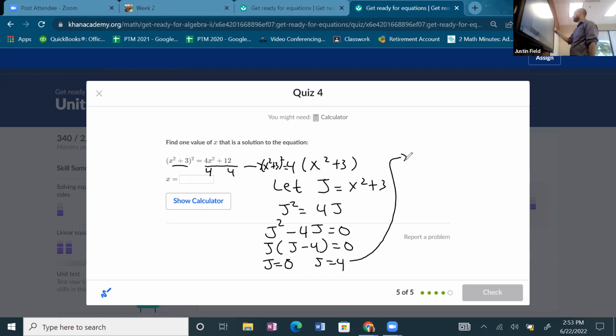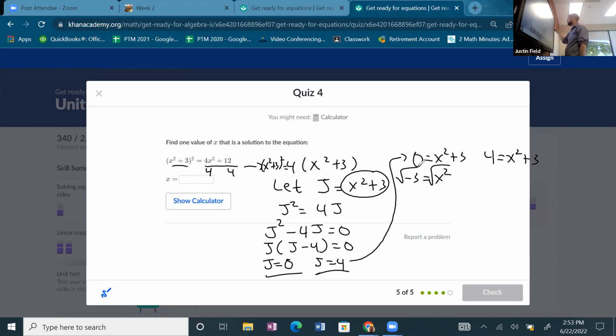But we know that actually j was x squared plus 3. That means 0 equals x squared plus 3, and 4 equals x squared plus 3, because those are the values of j. Now I can solve that. This would be negative 3 equals x squared. Oh, that's not going to work.